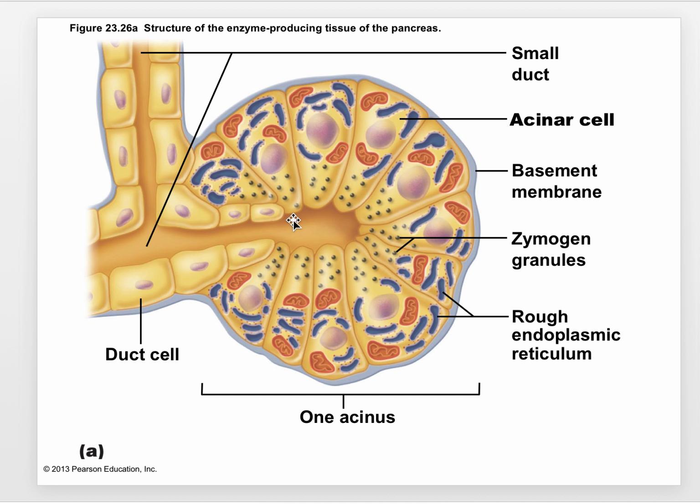And this is the endocrine portion of the pancreas, releasing into a duct. This is the exocrine function of the pancreas, it uses a duct, which is then released into the duodenum.